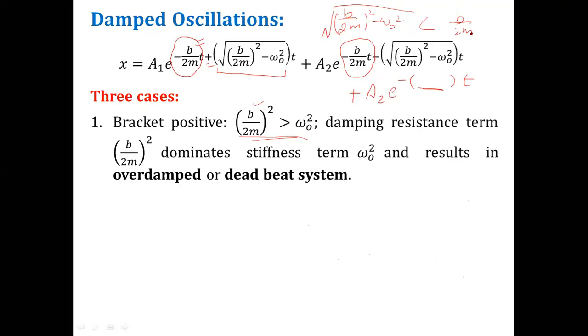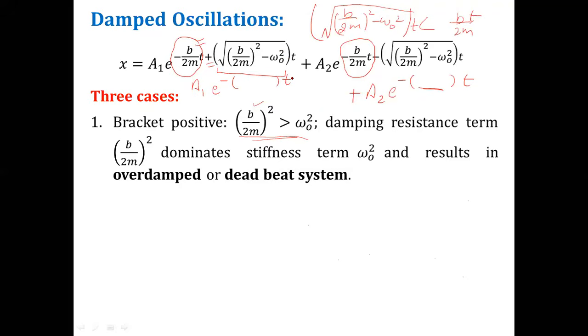If this is always less than b upon 2m, I'm further having multiplication of this term with t. So even if it's plus here, effectively you will still have an exponentially decaying function here also.